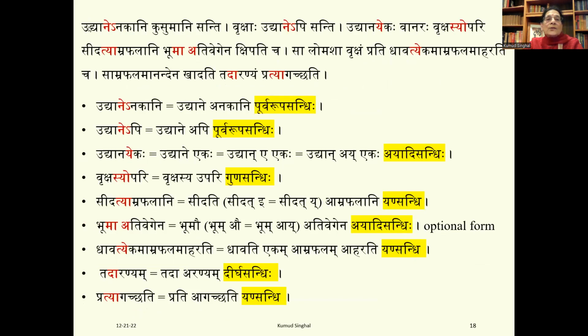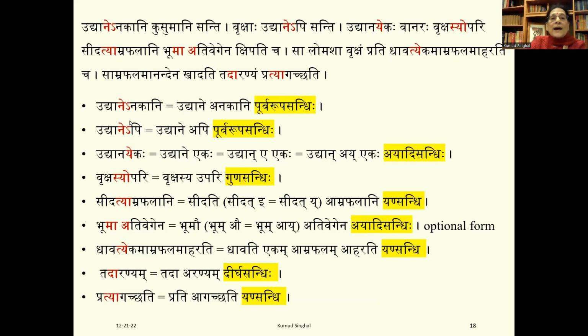Okay, now in this word, udhyane nakani. So this is made up of 2 words, udhyane anekani. Anekani means many. In the garden, many. So a followed by a. So you have a purva rupa sandhi. A is elided and not pronounced. Udhyane nakani.